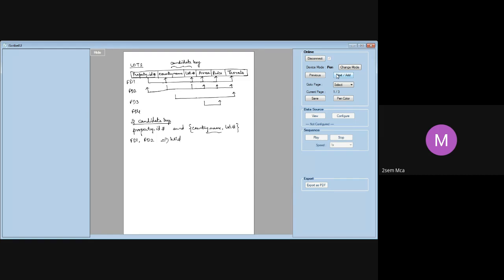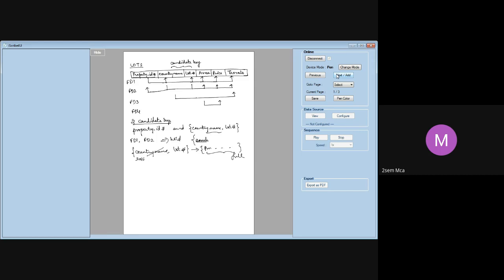For example, FD2 states country name, comma, lot number determines property ID and all the rest. If I remove one of them, I will not be able to identify the property ID. Either I remove country name or I remove lot number, I will not be able to identify this part. Hence, I say it is a full functional dependency. Hence, it also satisfies the second normal form.